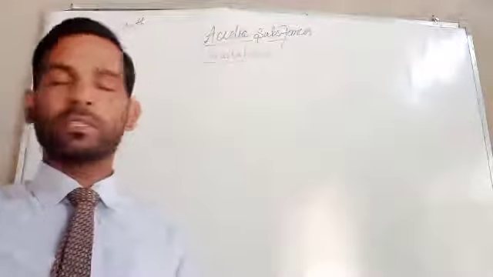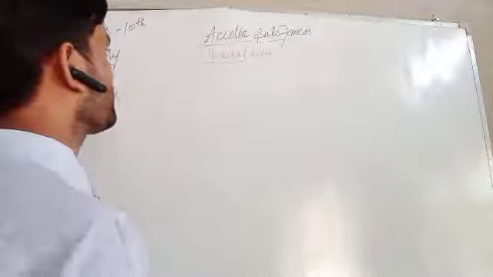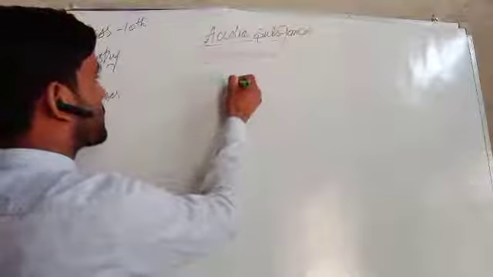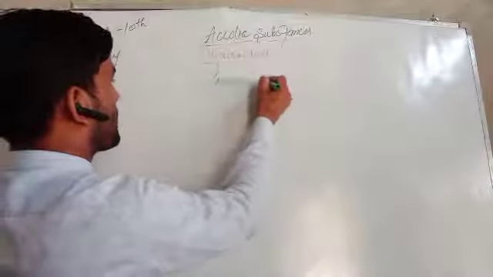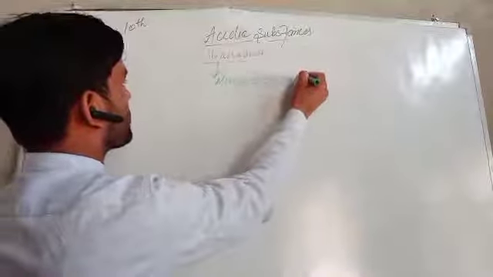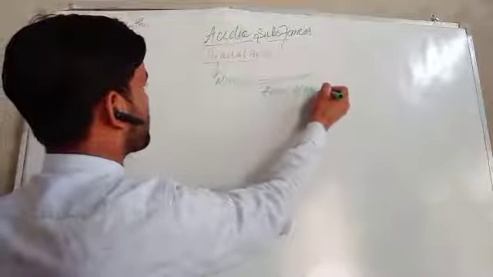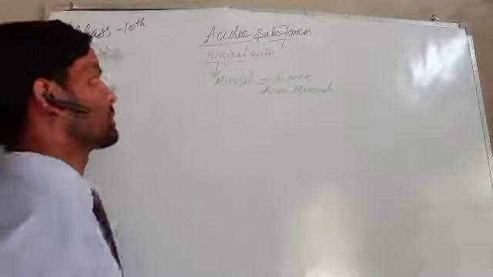This is the mineral acids. What are these mineral acids? These mineral acids are the acids, as the name suggests, from minerals. So these acids derive from minerals. Why? Because they are said to be the mineral acids.